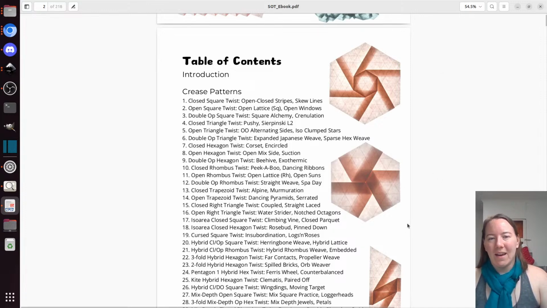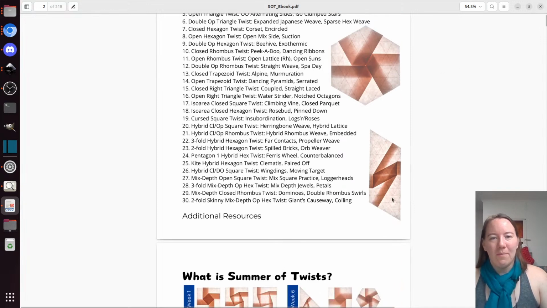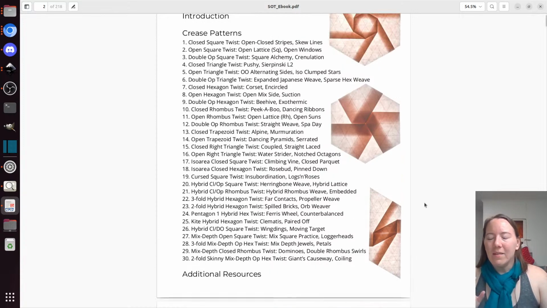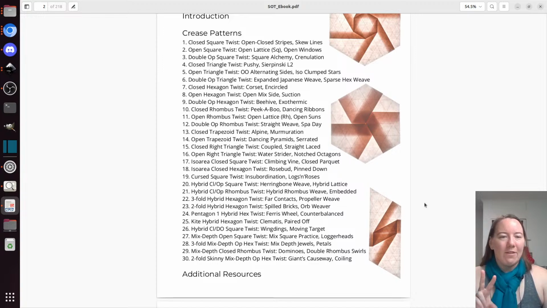Open hexagon, iso area, closed hexagon, mixed depth rhombus, these are all included. And there's 2 patterns in this book for each twist. They're not necessarily going to be in the same tiling.